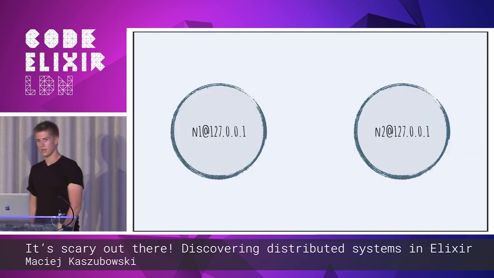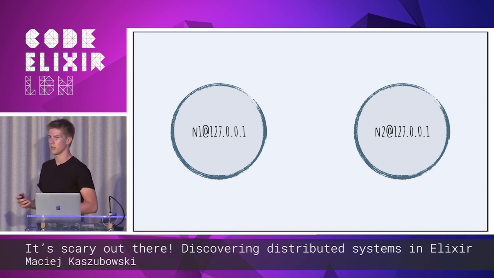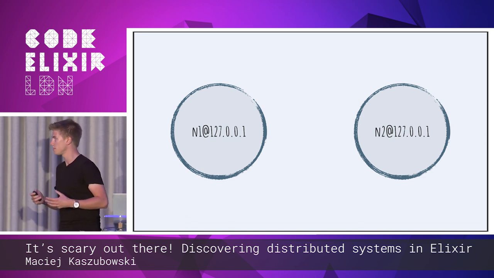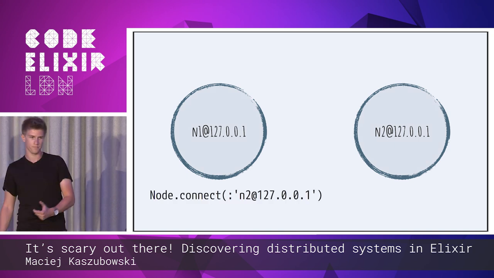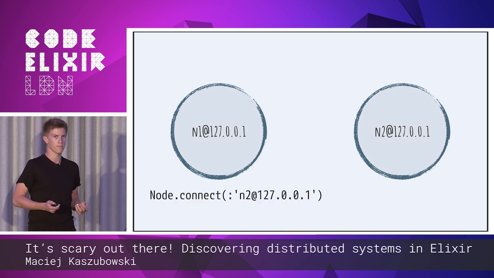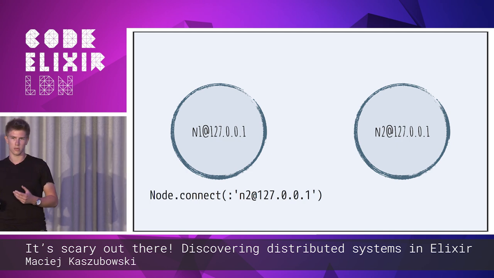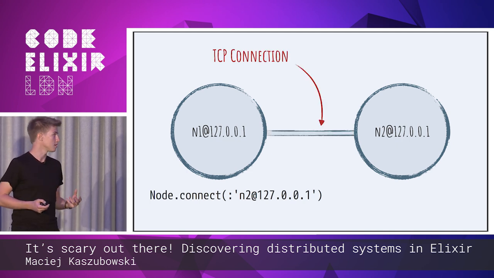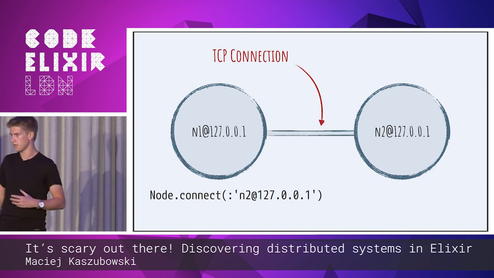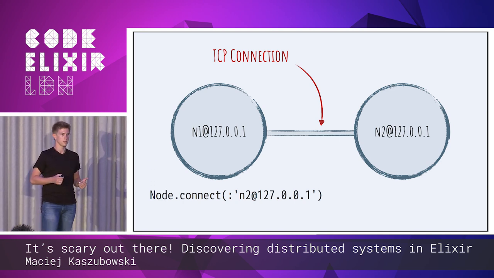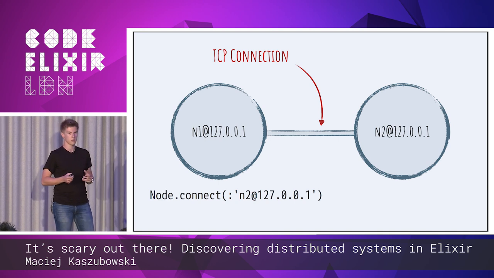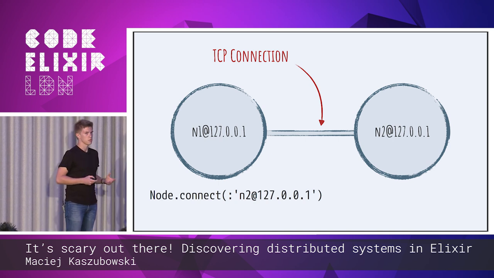Then, if you have multiple nodes running in a network and these nodes can see each other, you can use the Node.connect function, pass the node's name, and the runtime will take care of opening a TCP connection between the nodes. And via this single TCP connection, the nodes can communicate with each other, they can send messages to each other, and they also can monitor each other.